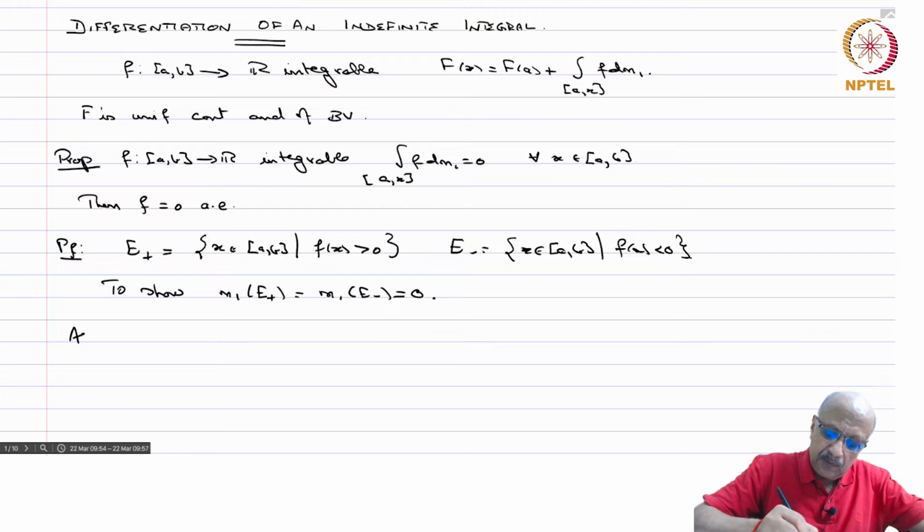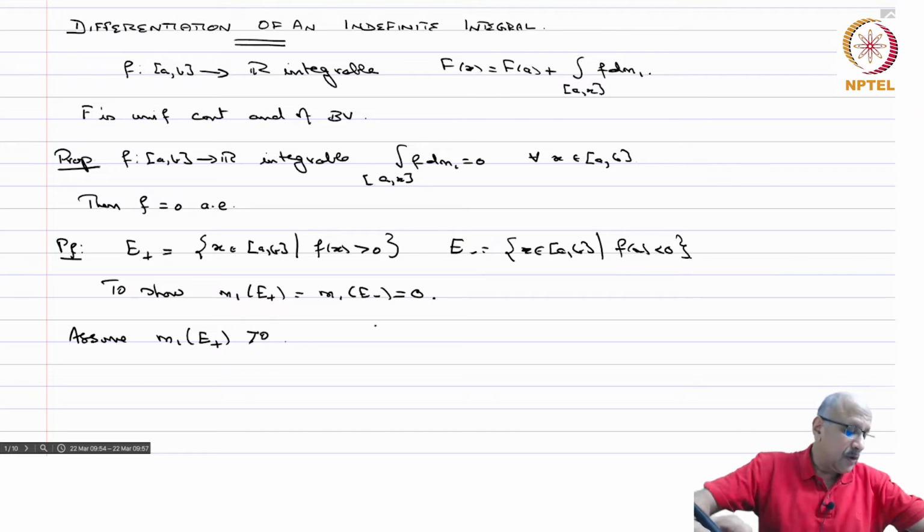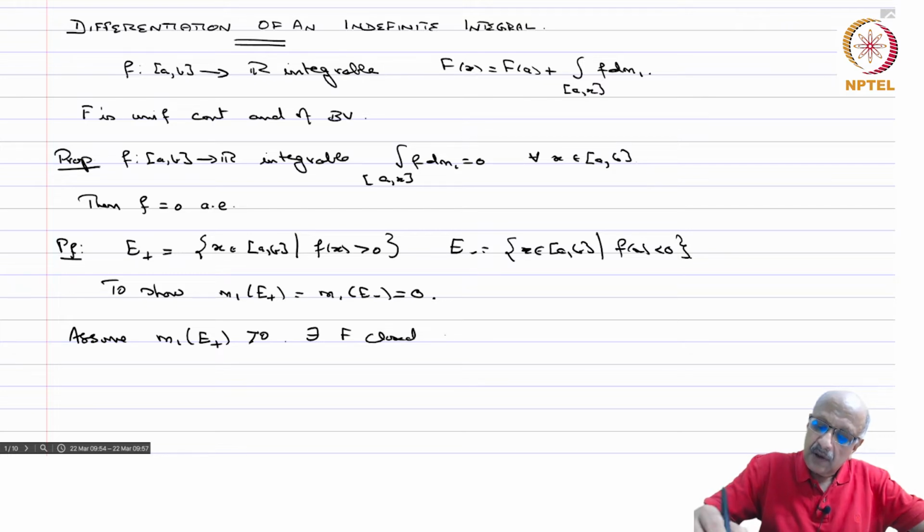So assume m1 of E plus is positive. All these sets are measurable, so there is no problem. Then there exists F closed, F contained in E plus such that m1 of F is also positive.